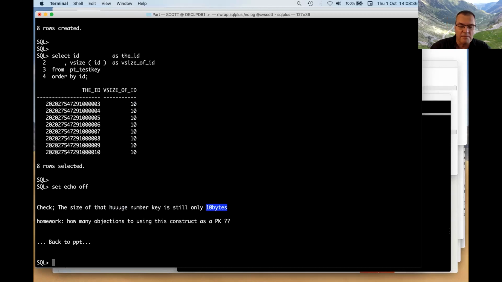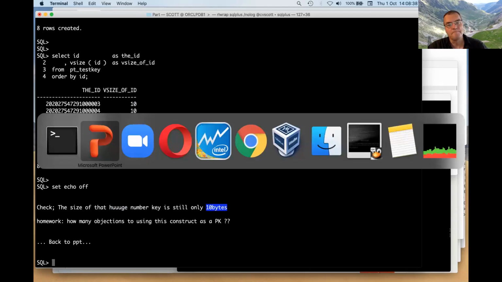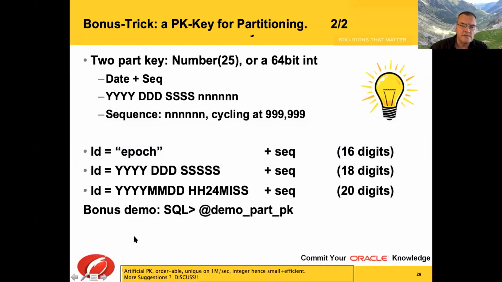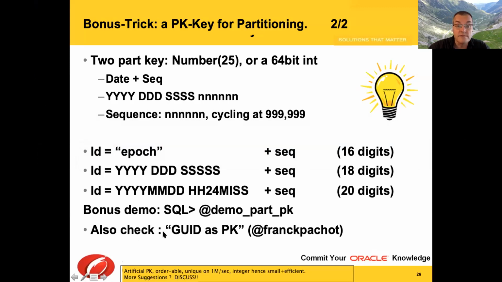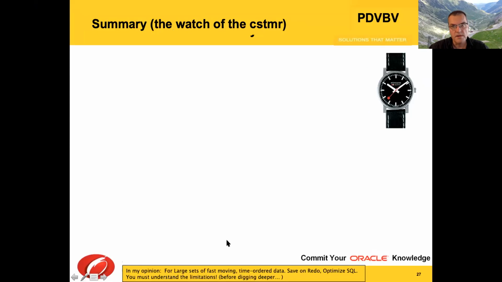I can see the problems coming into the questions, but yeah. And if you would consider a GUID, so a 32-byte string as a primary key, read Frank Pachot's blog. There are pros and cons of that as well. If you use a GUID or something big, you probably use more than 10 bytes for the key to start with. So there we are.